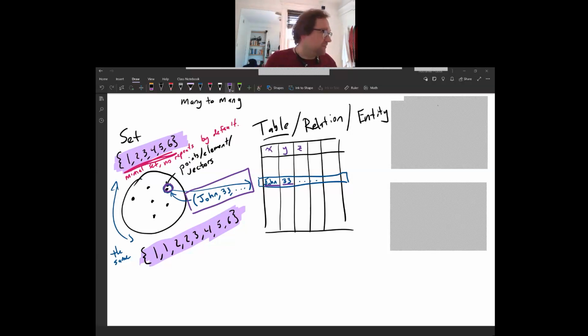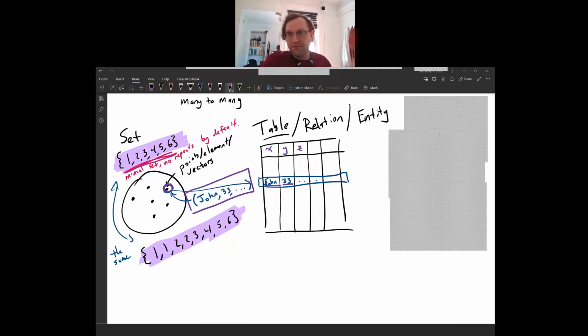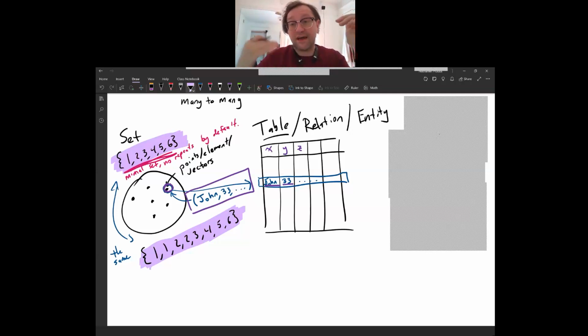Are you following what I'm trying to say so far about sets and repeats and what a point in this set means? Yeah, you prefer the minimal amount of elements because they're both the same. Right. So these ones that I highlighted in purple are an example of one set having another set repeating elements from it.